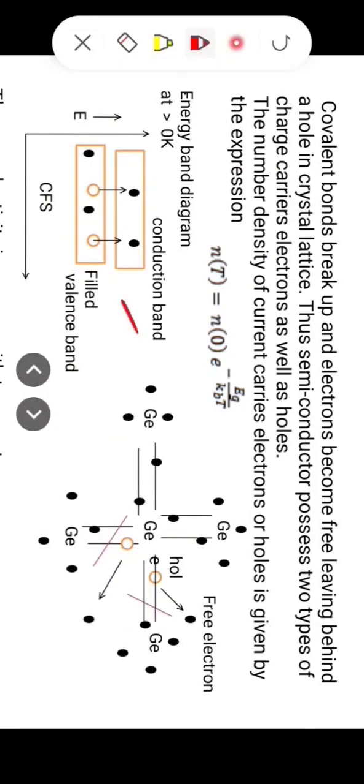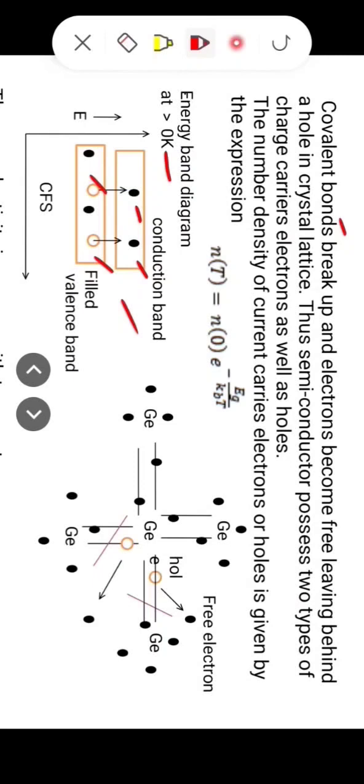Now look at this diagram. This is the energy band diagram of a semiconductor at more than 0 Kelvin. Here the conduction band contains 2 electrons which have come from the valence band. Now how have they come to the conduction band? Let us see.